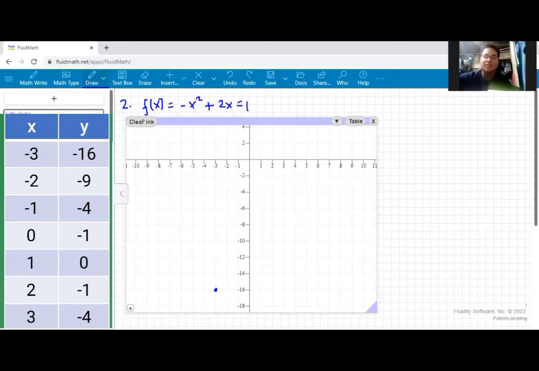Next is negative 2 and negative 9. Next is negative 1 and negative 4. Next is 0 and negative 1.